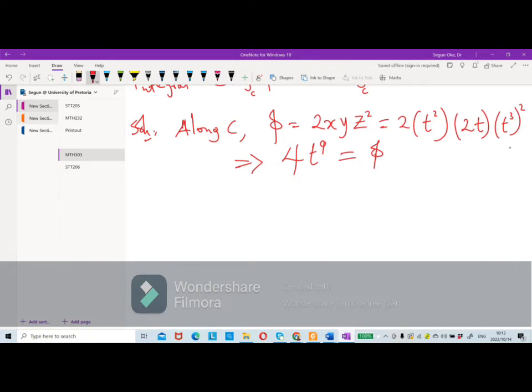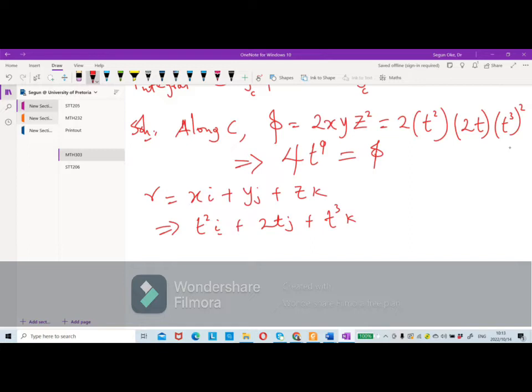So we define the r. r is xi plus yj plus zk. Since I know my x, my y, my z, I'll substitute it. It will be t squared i plus 2t j plus t cubed k.